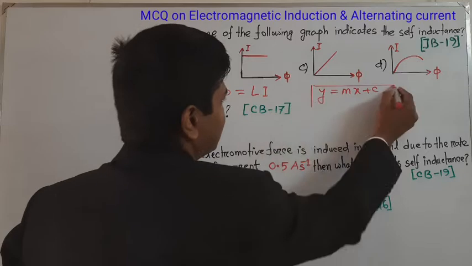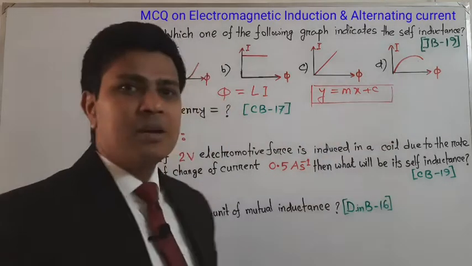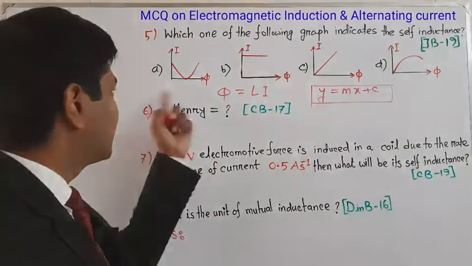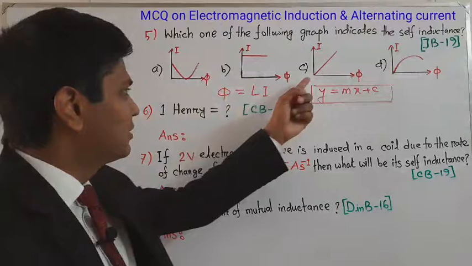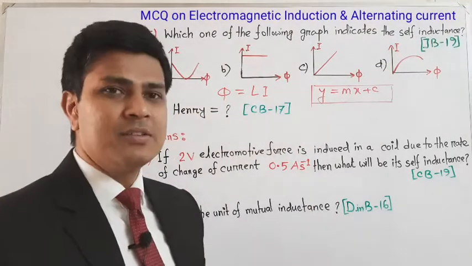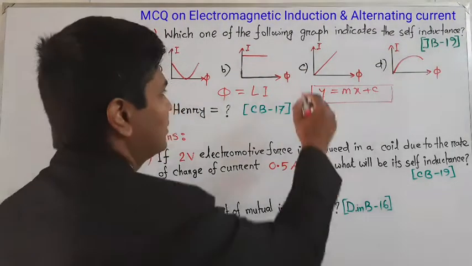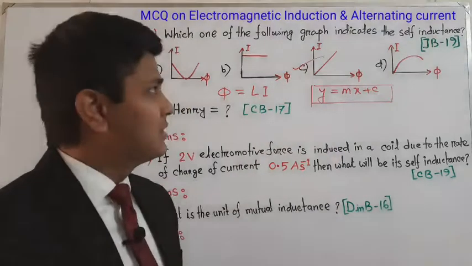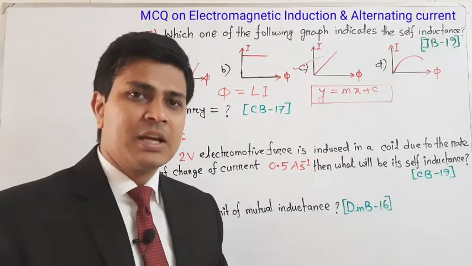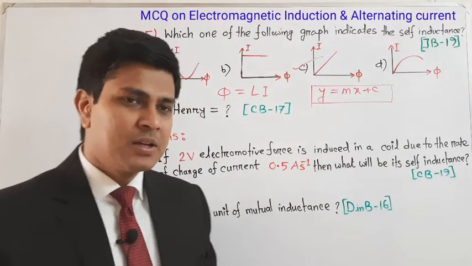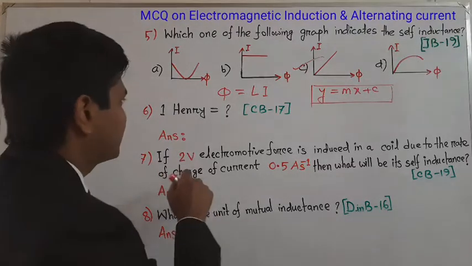So this is a straight line passing through the origin, and in the graph you can see option C is a straight line passing through the origin. So this is the graph which indicates the self-inductance. Hope you have understood.